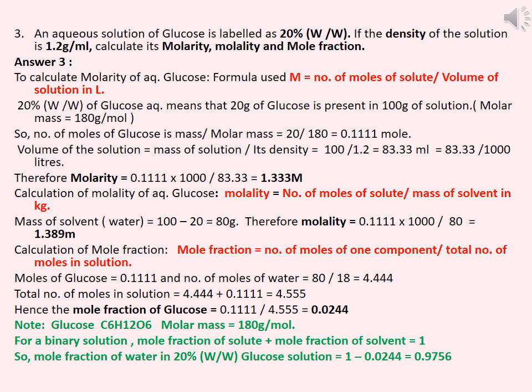Mole fraction of any component is equal to the number of moles of that component divided by total number of moles in the solution. Here you are asked to calculate mole fraction of glucose. So what is mole fraction of glucose?